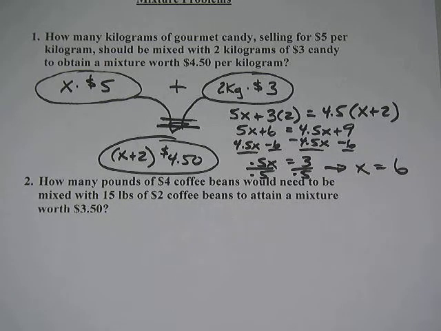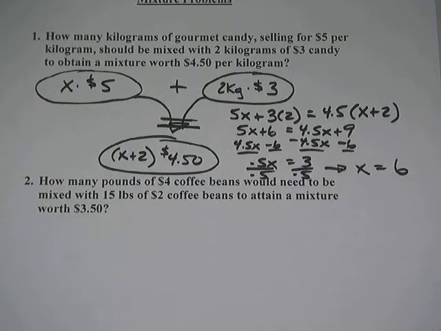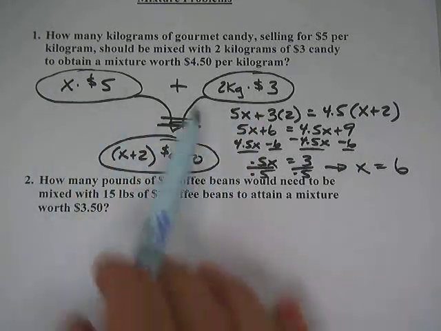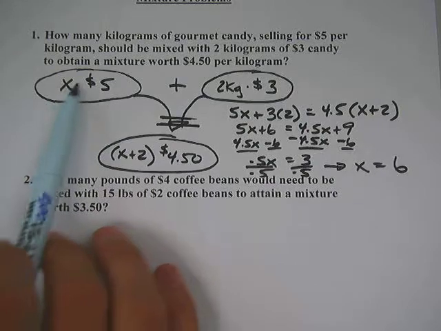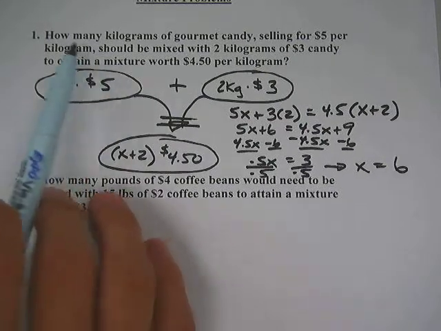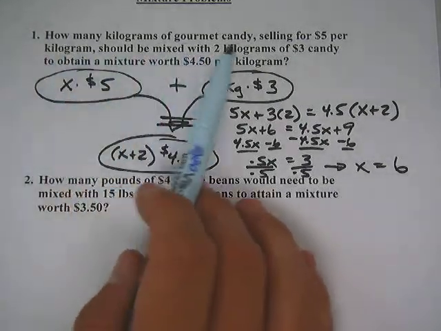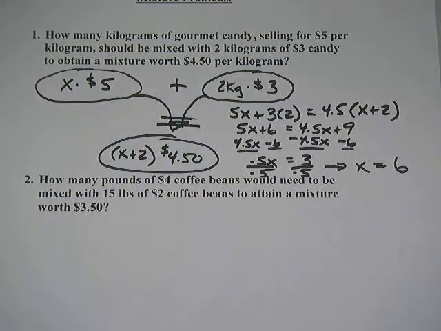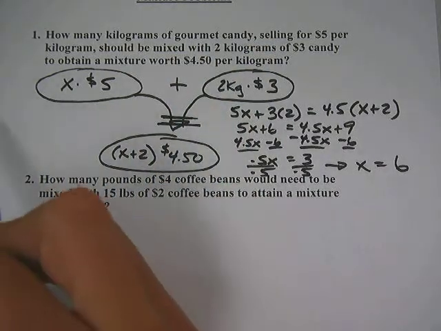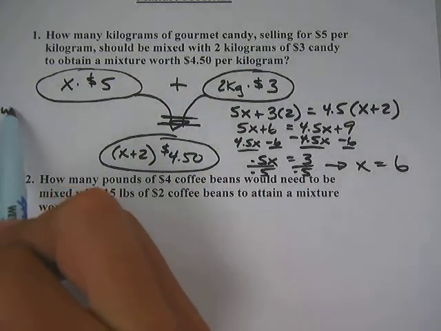If you don't believe me, give it a shot. I promise 3 divided by a half is 6. So what does that mean? As I look back at my diagram, X right here is how much of the $5 candy, and that's what you're being asked: how many kilograms of the gourmet candy selling for $5?